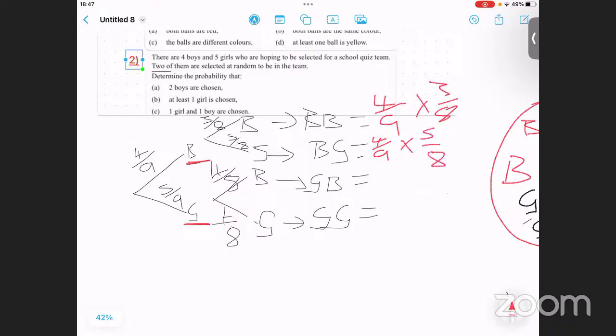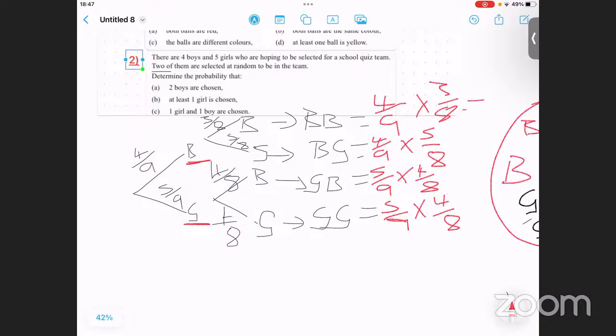And if you want to know for girl and boy, you're going to say 5 over 9 multiplied by 4 over 8, right? And for the probability of selecting a girl and a girl, you're going to say 5 over 9 multiplied by 4 over 8, just like that.